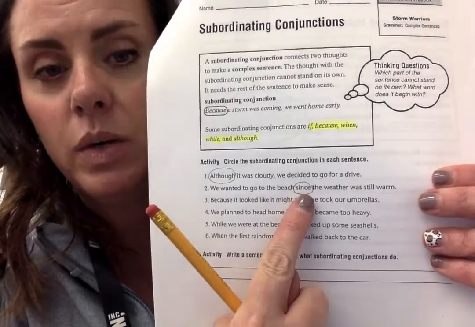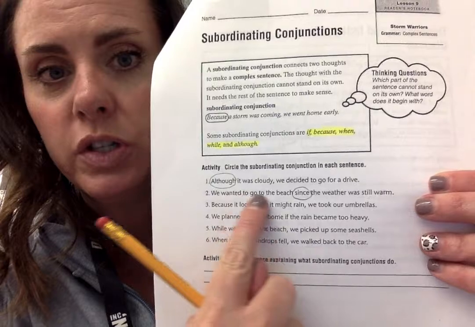That's one thought. The other thought is, the weather was still warm. What is the word that joins those two thoughts together to make one big sentence? Since. Yes, you got it, since. So we can figure it out even if it's not listed, right? So here's the first thought, there's the second thought.